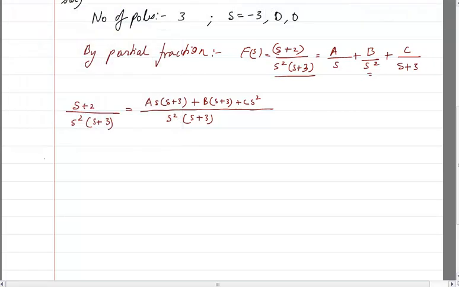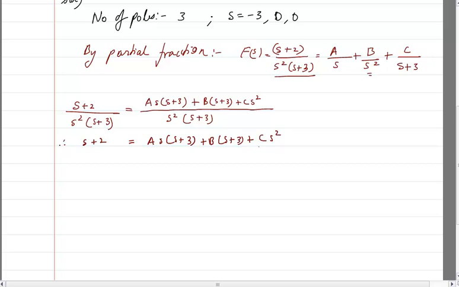So to find A, B, C, I can write s plus 2 is equal to A s into s plus 3 plus B into s plus 3 plus C s squared. Why? Because the denominator is common, there is nothing to equate there.